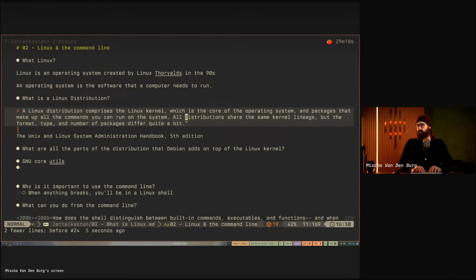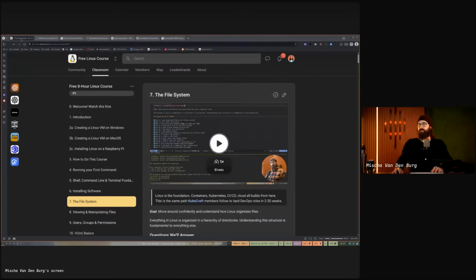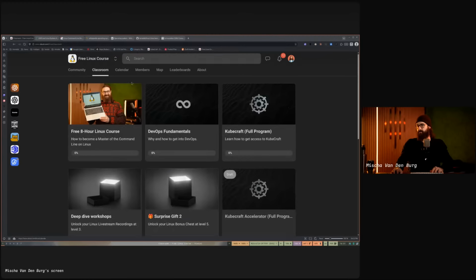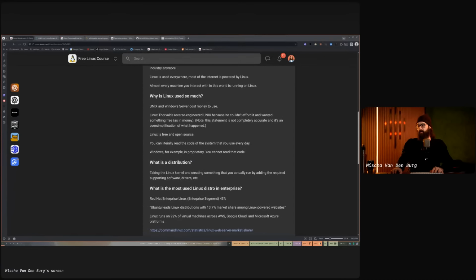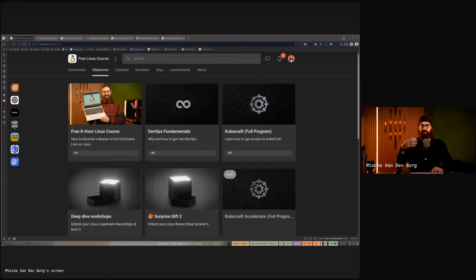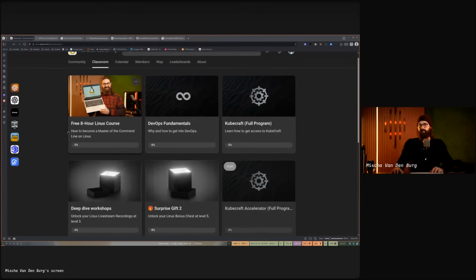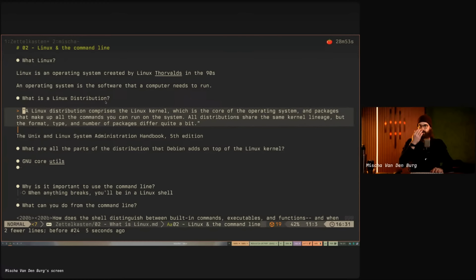And these notes are all going to be included in the school community. So in the classroom, there are the deep dive workshops and all of the notes that I'm taking are going to be included here. So basically, over time, there's going to be a whole second course for people to consume and learn from as well. Okay, that's why I'm writing these notes and why I'm also including the source references and everything.